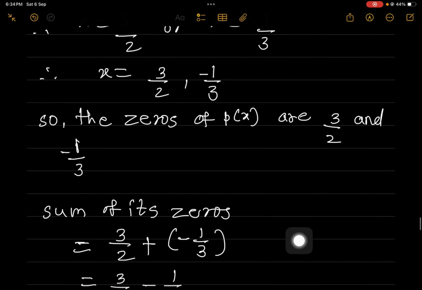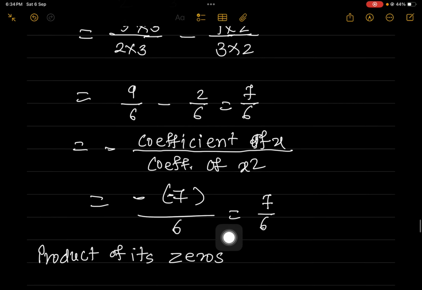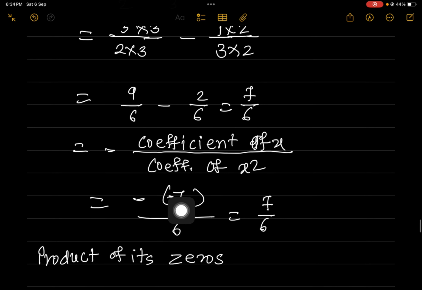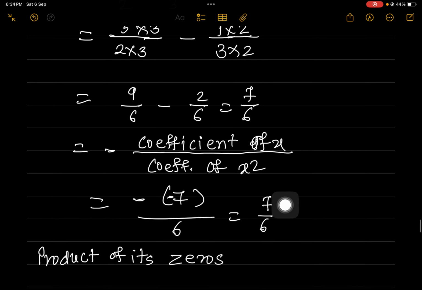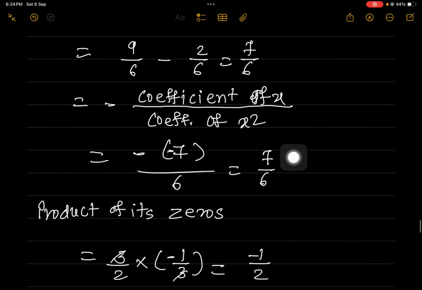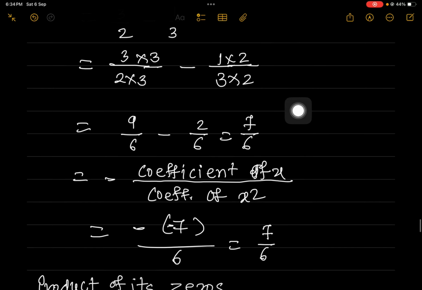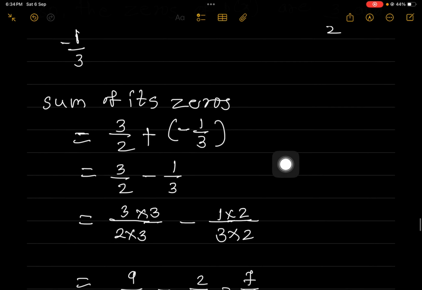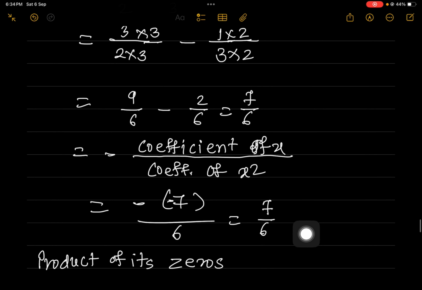So we are writing minus of minus 7, and minus and minus becomes plus, upon 6. So 7 upon 6 by both ways. This directly we are adding, and sum of this by the formula also 7 upon 6.